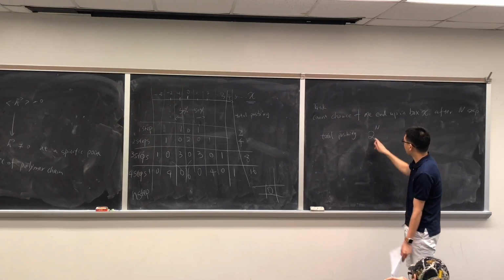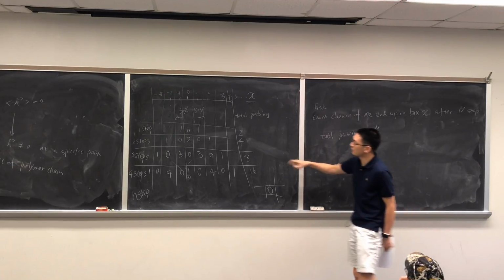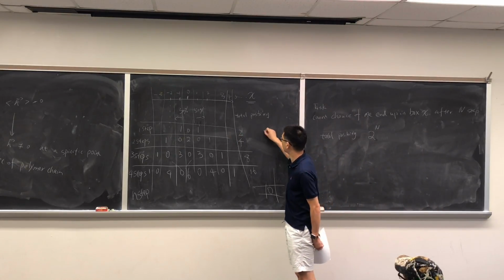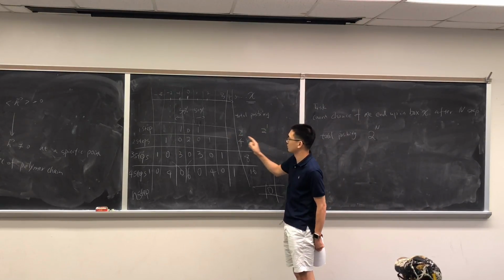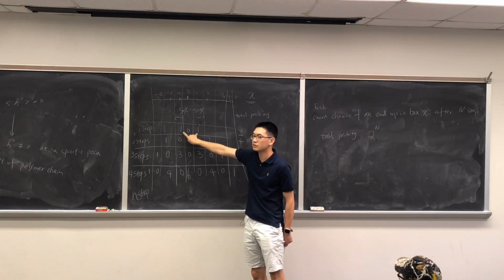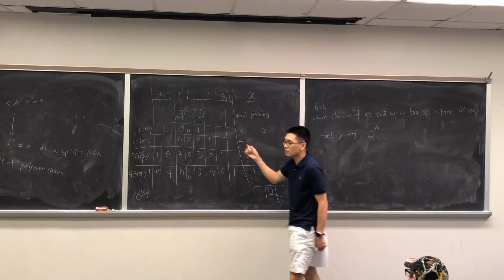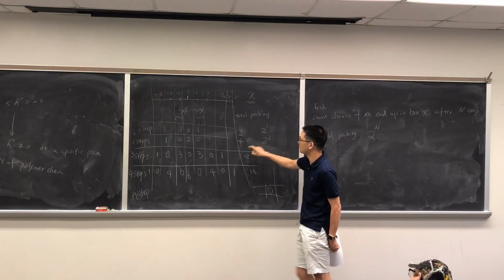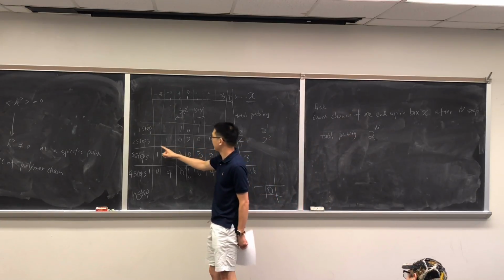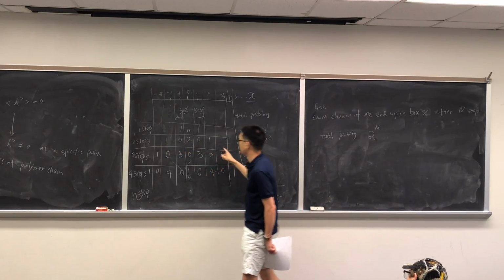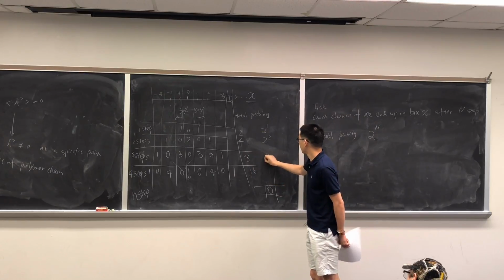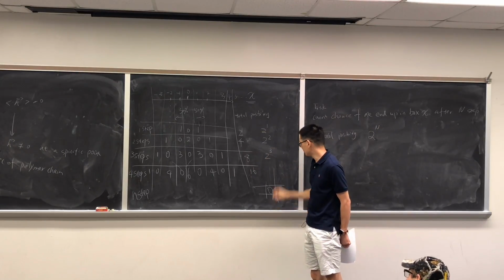So how do we get this? If we take one step, we have 2 to the power of 1, so in the end you have two possibilities. If you take 2 steps, you have 2 to the power of 2, a total of 4 possibilities, right? 3 steps, 2 to the power of 3, and so on.